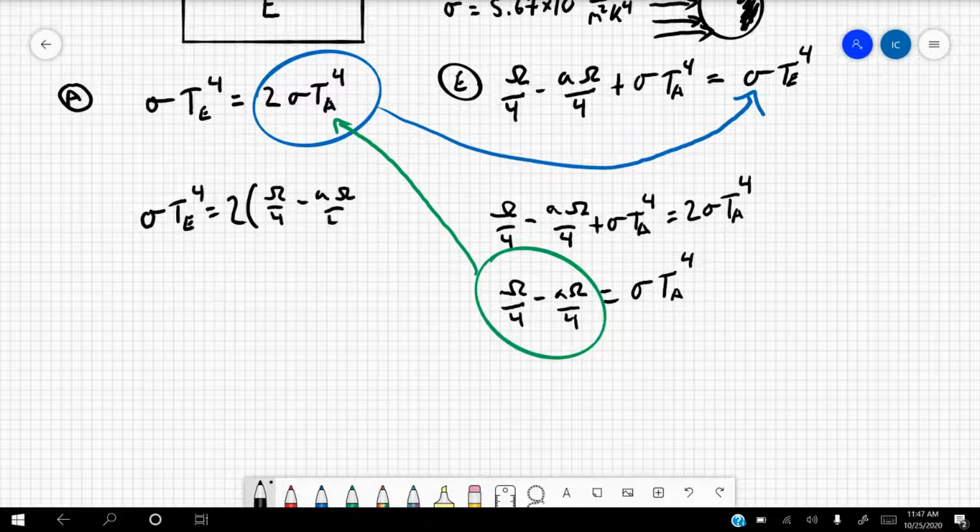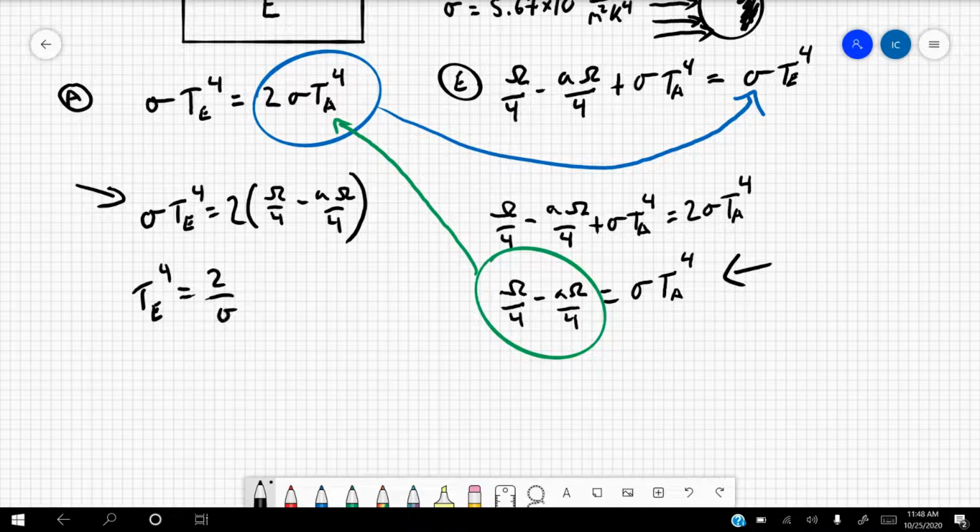Now we have two expressions, one that we could solve for TE and one that we could solve for TA. And if we want to solve for TE, we could divide both sides of the expression by sigma. And we could raise both sides of the equation to the 1/4 power to get rid of the exponent above our temperature.